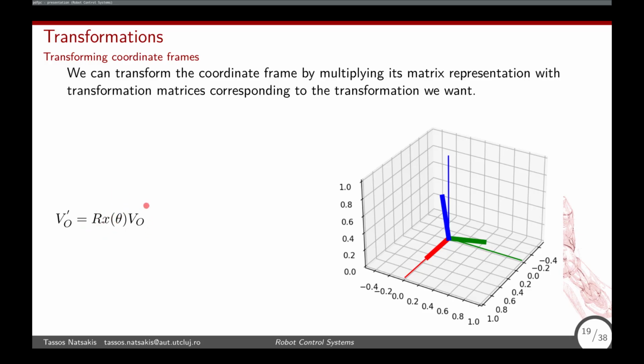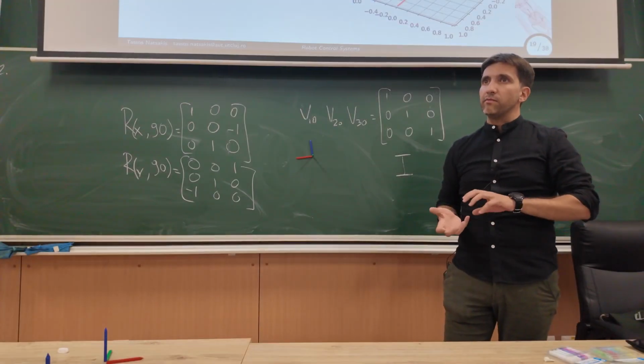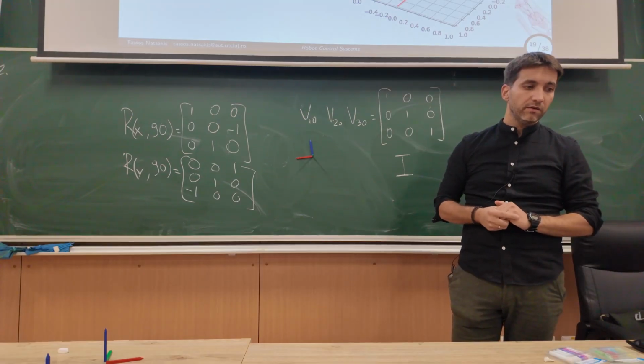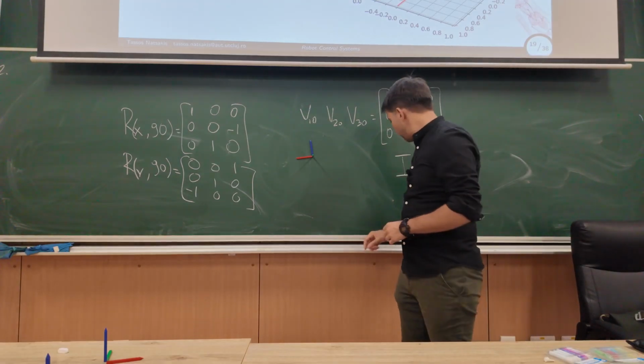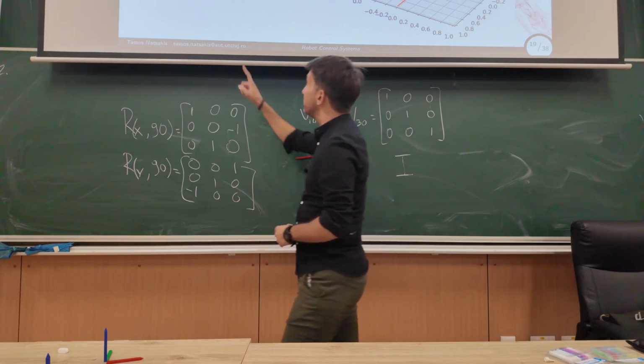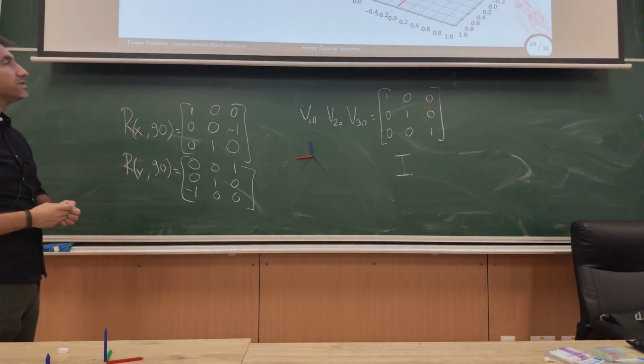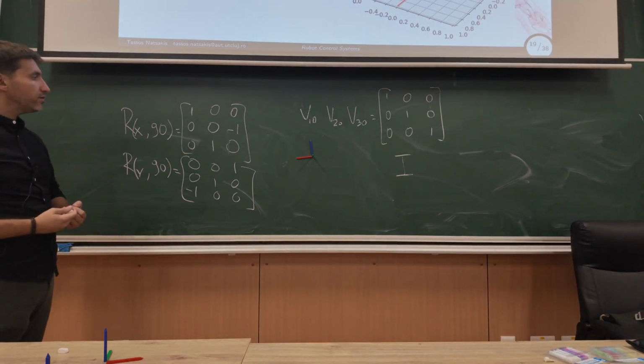If I do this multiplication, it's as if I'm rotating that frame. Now, why do I say that these matrices represent both the action of rotating in this case, but also the rotated frame?